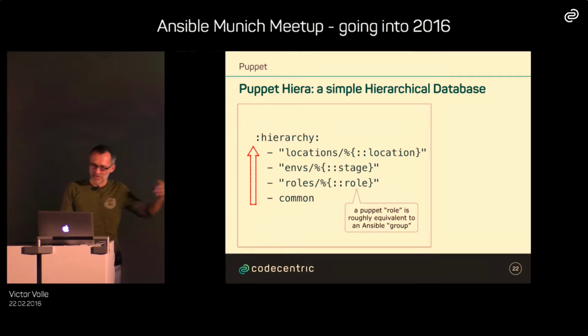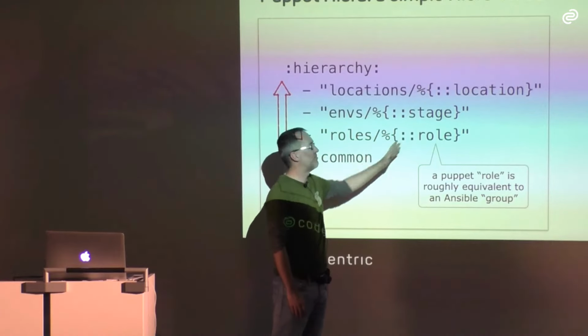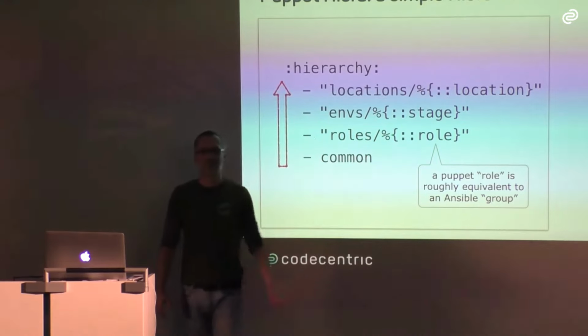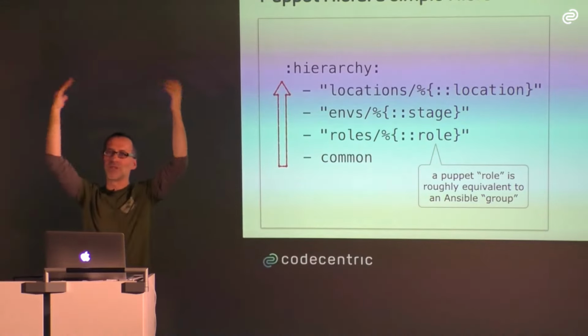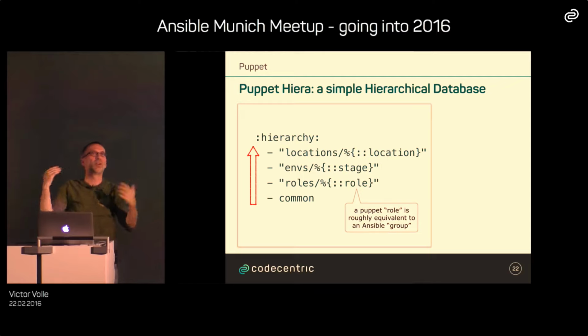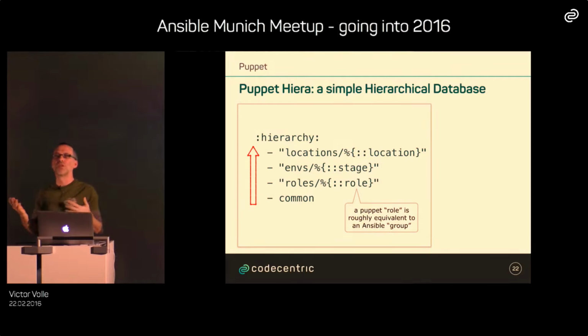And then it looks in the roles directory, and if a role is defined, it looks in roles. Roles is the name in Puppet. This would be my kind. It looks into roles proc, roles web, roles database. And then it looks in environment and location, whatever I want as my hierarchy. This is really what I would like to have in Ansible.